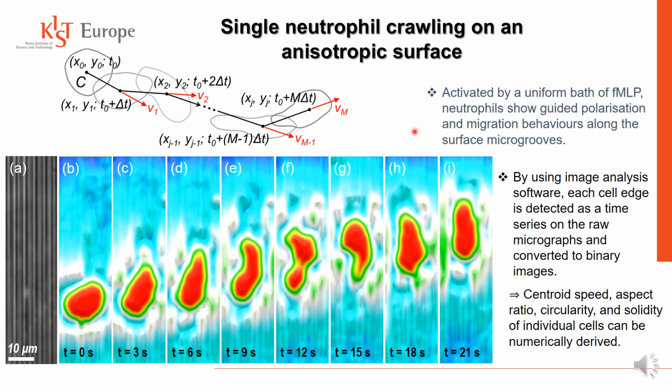Activated by a uniform bath of FMLP, neutrophils show guided polarization and migration behaviors along the surface microgrooves. Using image analysis, each cell edge is detected as a time series, and various morphology and motility features are extracted numerically.